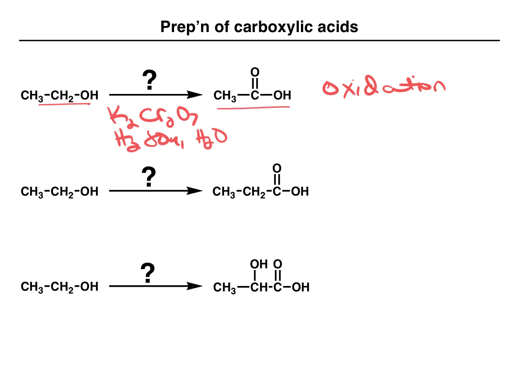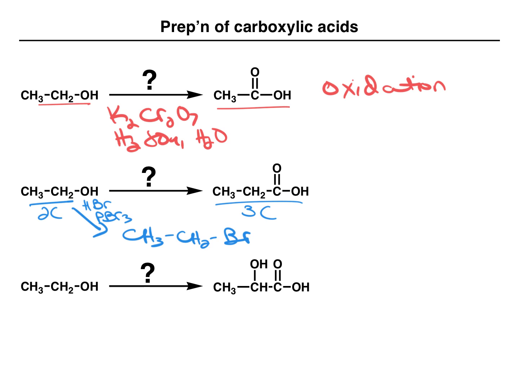In our next example, we're going from, in this case, ethanol to propanoic acid. So we're starting out with 2 carbons, but our target has 3 carbons. So just carrying out an oxidation isn't going to work. Well, let's convert this to an alkyl halide. So we can treat this with HBr or PBr3, and that will give us ethyl bromide.